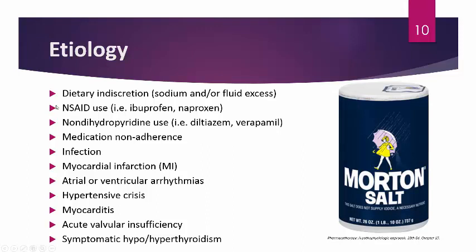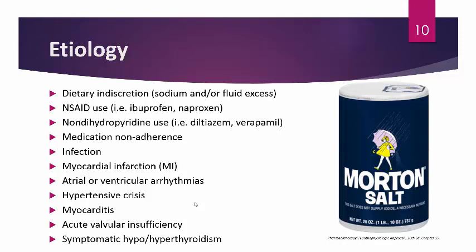Another etiology of acute decompensated heart failure is NSAID use. NSAID use may not only do damage to the kidneys, but it may also promote potential fluid retention, which is kind of the same issue with the dietary indiscretion that we discussed here. Non-dihydropyridine use. So agents such as diltiazem or verapamil may actually induce heart failure.